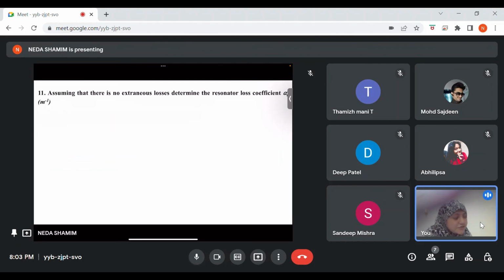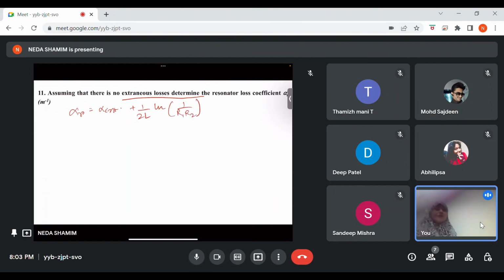Assuming that there is no extraneous loss, determine the resonator loss coefficient. That is, we have to find alpha R. So which formula are we going to use? Alpha R is equal to alpha int plus 1 by 2L ln of 1 by R1 R2.